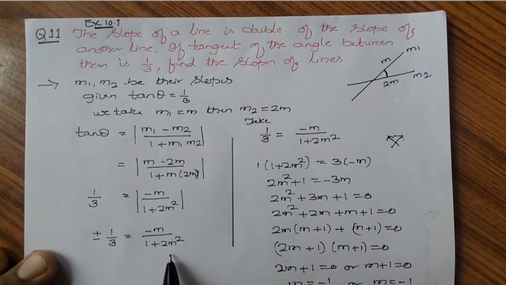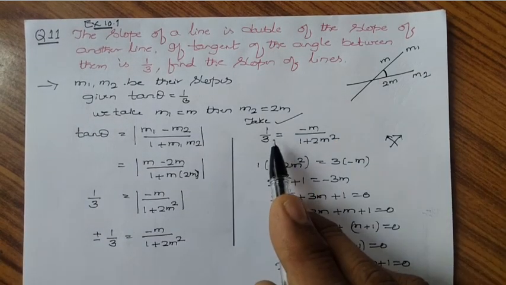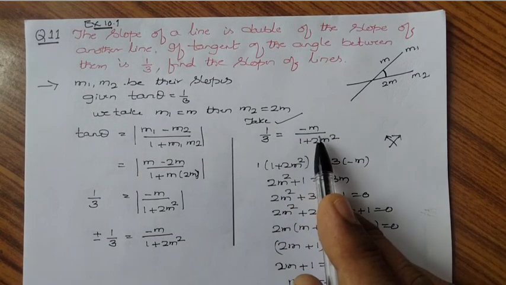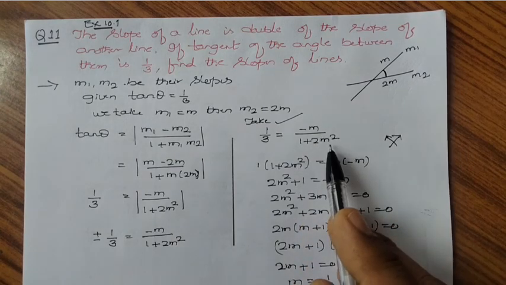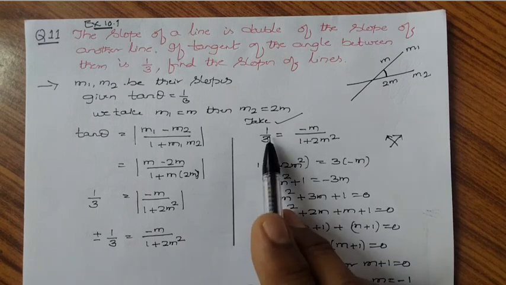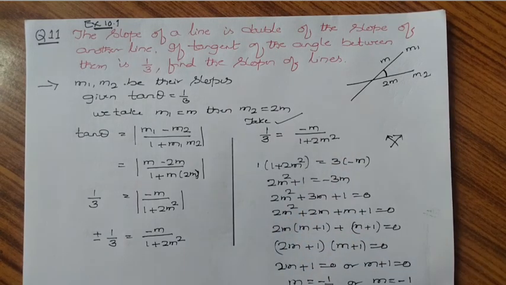To calculate m, one time we take 1 by 3, and next time minus 1 by 3. So first I take 1 by 3 equals minus m divided by 1 plus 2m square. Next, on cross multiplying, we get 1 into (1 plus 2m square) equals 3 into minus m.